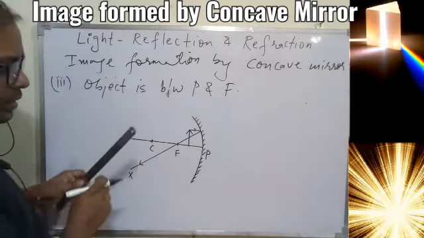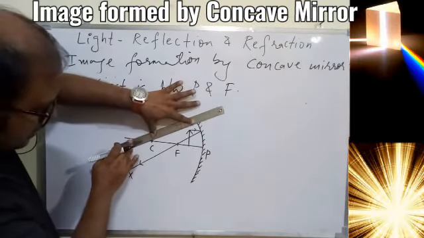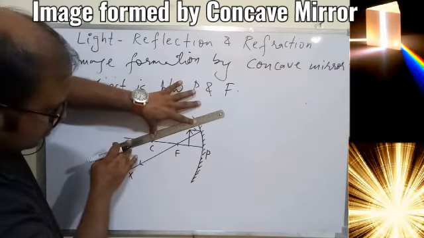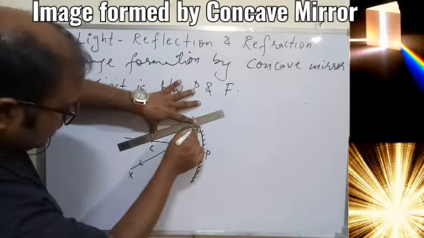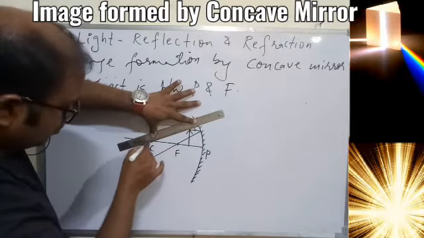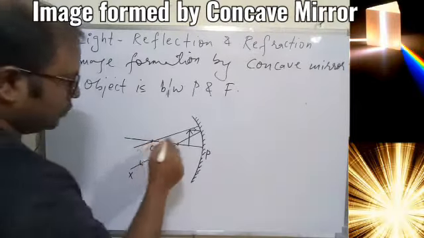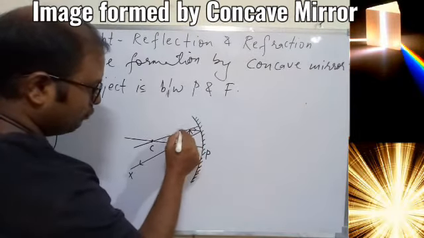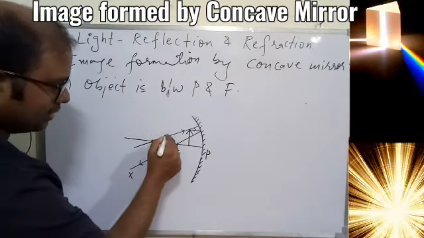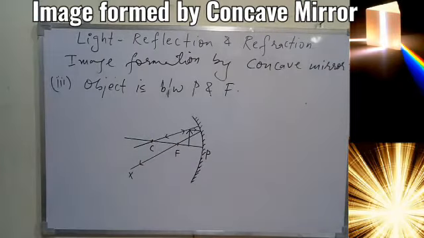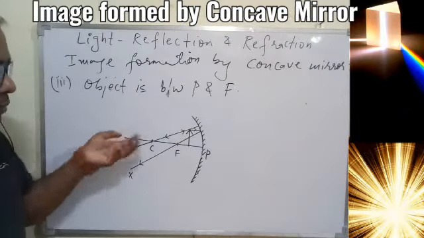The best rule we can use is if the ray of light is passing through C. So now here we can apply the second last rule, if you remember, that is a ray of light passing through C. We know if the ray of light passes through C, it has to reflect back according to the rule we understood in the previous class. So any ray of light passing through C will be reflected back.